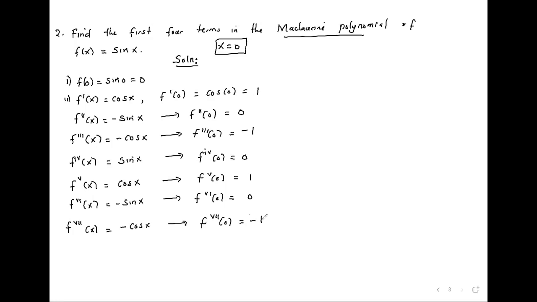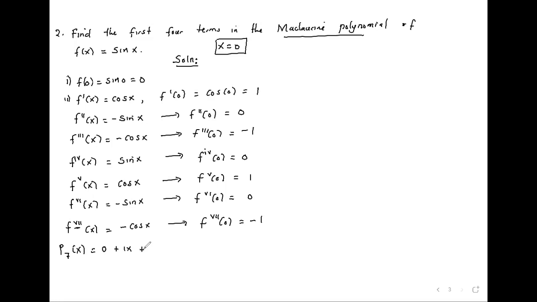So now we write the whole thing. Since we know now the n, we can even put the actual n, so P7, showing that you understand what you're doing. So P7 is equal to, the first one is 0, plus the second one is 1. So I'll have 1 for f prime multiplied by x minus 0, so just put x.